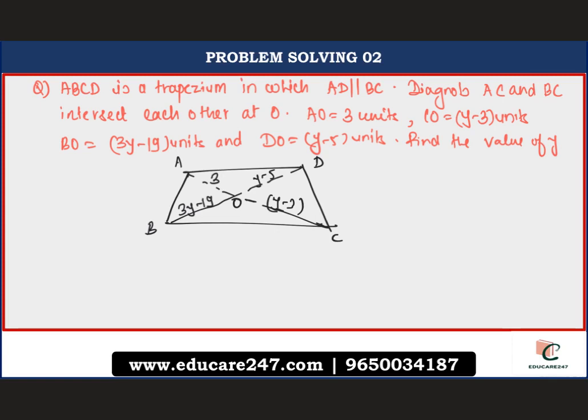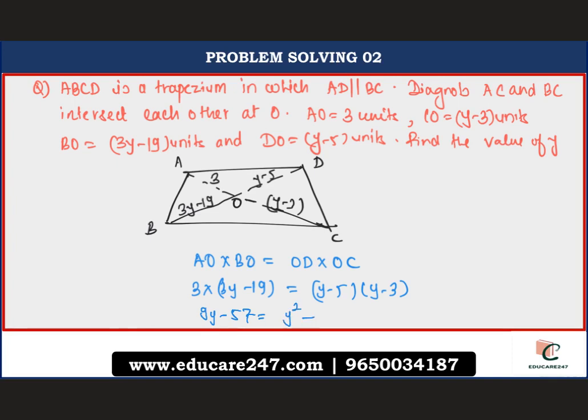So I had given you a formula, if you remember. AO into BO should be equal to OD into OC. So just take it down over here. 3 into 3y minus 19 is equal to y minus 5 into y minus 3. Just expand this. After expanding this, you will get 9y minus 57 is equal to y square minus 8y plus 15.